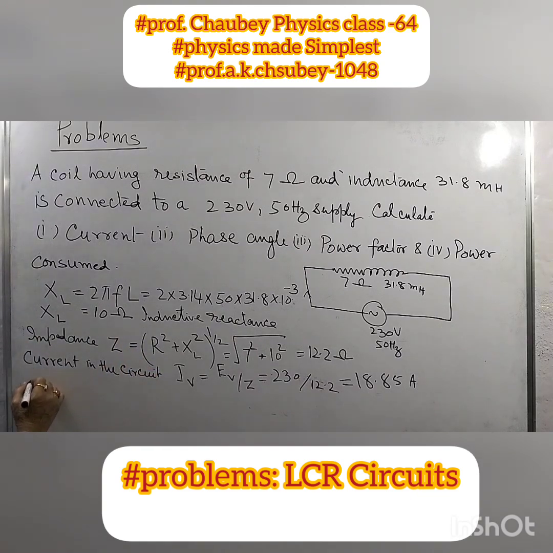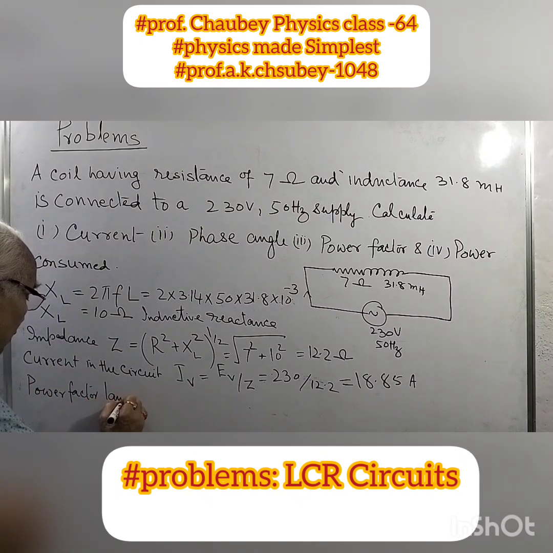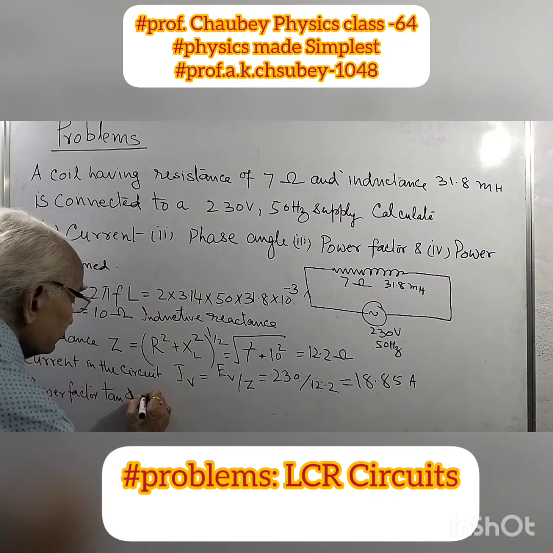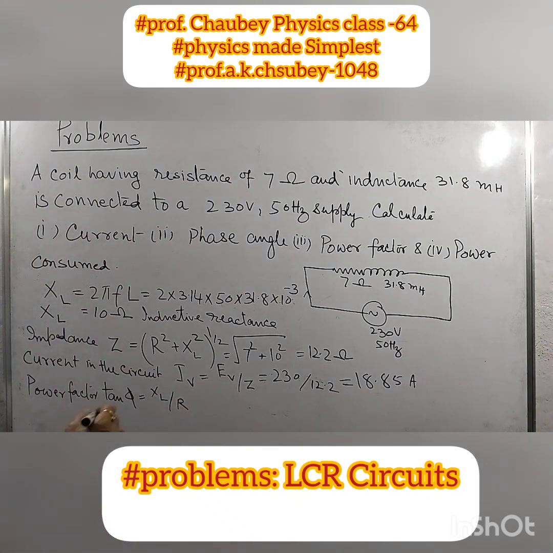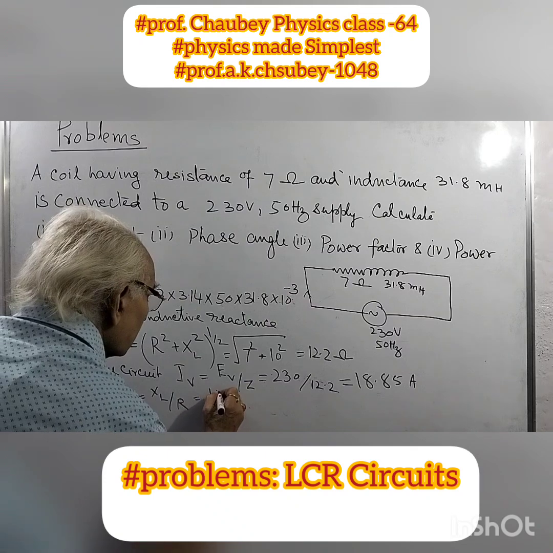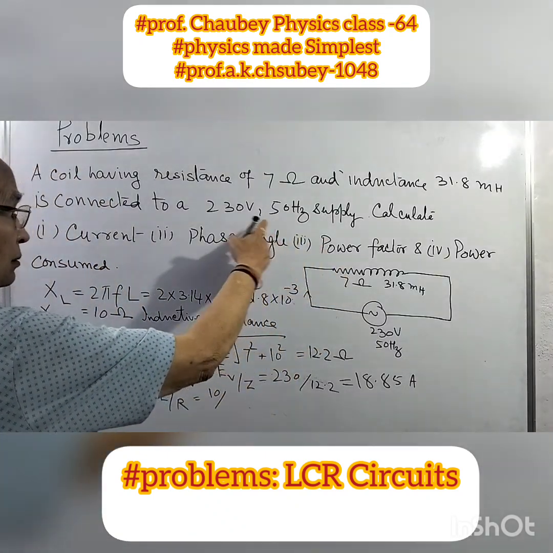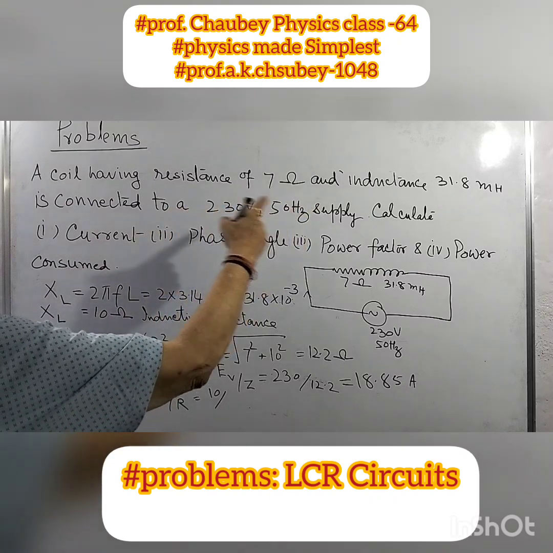Now what else? Power factor and power consumed. Power factor we define through tan phi. We calculate tan phi, where phi is the phase angle. So first we get tan phi, then we get phi, then we get power factor which is cosine phi. So tan phi is equal to XL over R. XL is 10, R is 7 ohm.